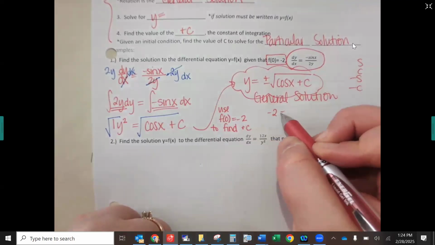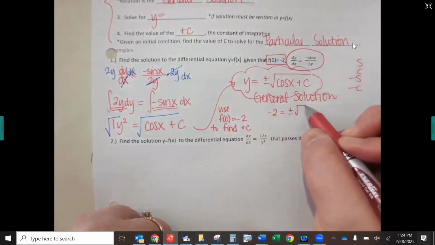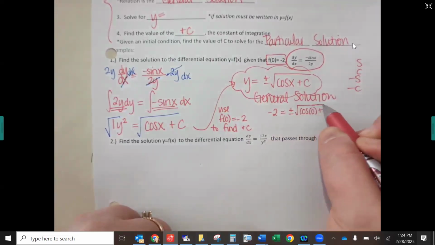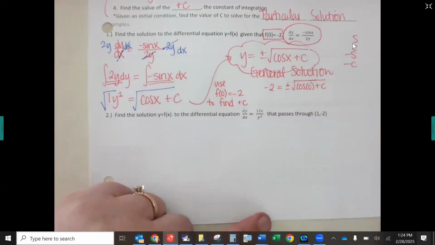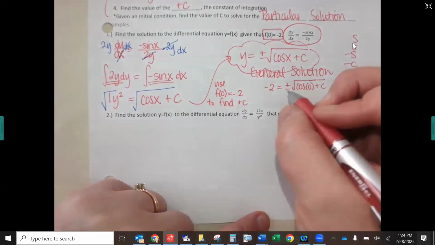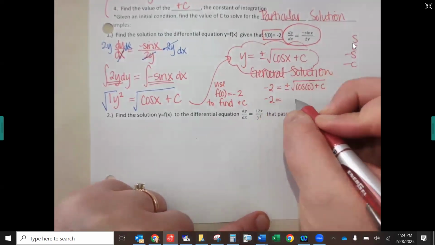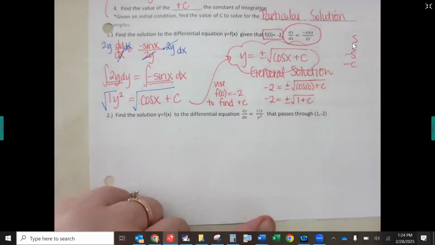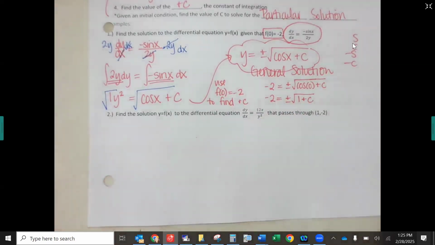So I'm going to have this now: -2 equals plus or minus the square root of cosine x, which is 0, plus c. What is the cosine of 0 though? 1 plus c, good. Now from here, I'm about to square both sides because I want to get rid of this square root.